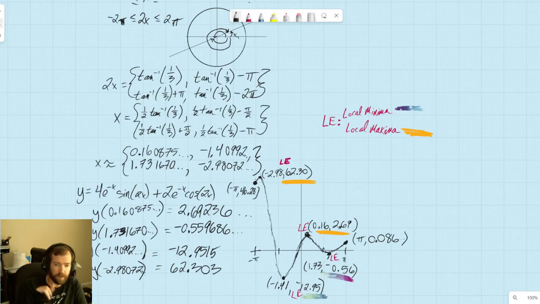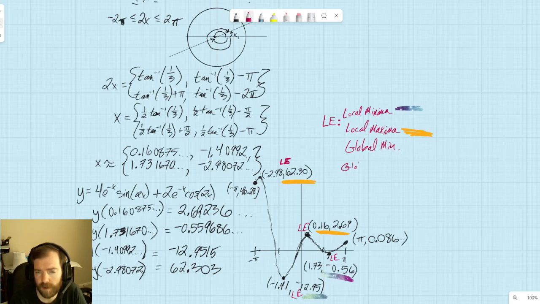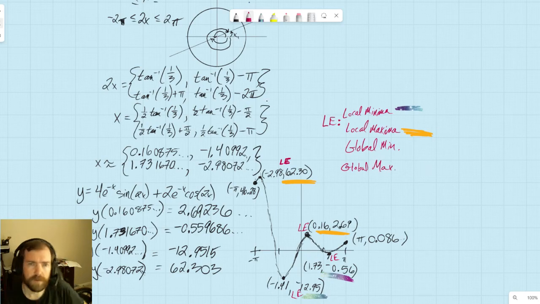The global max is going to be this one here.